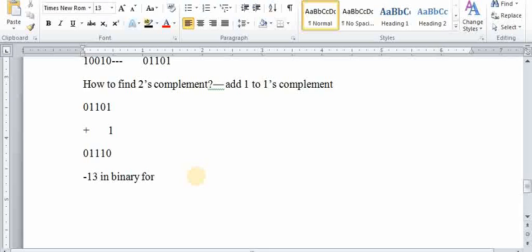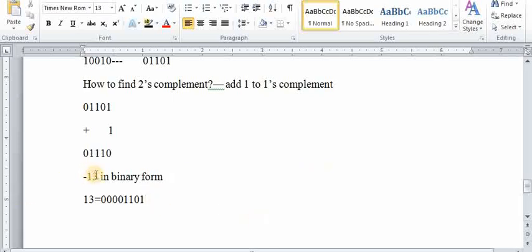In binary form, first of all convert 13 into binary. It will be 1101: 8, 4 makes 12, and 1 makes 13. This is a 4-bit representation, but I want to represent it in 8 bits. Now this is the 8-bit representation of 13.